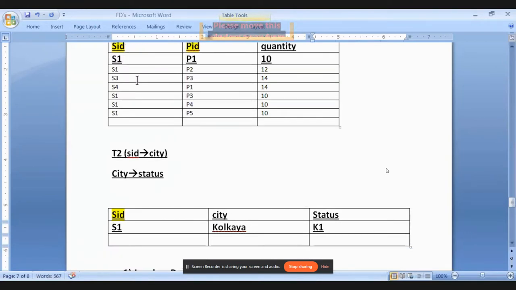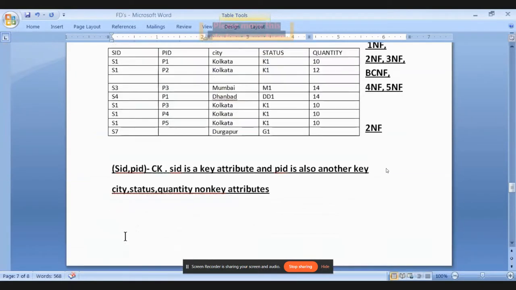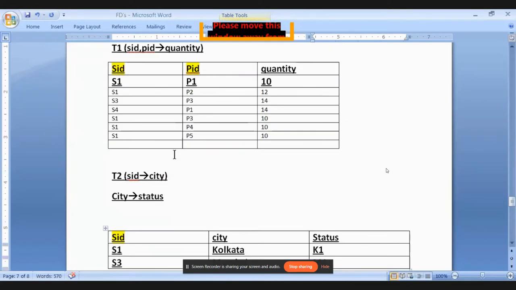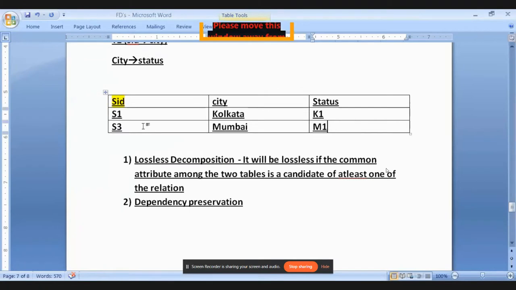And what other suppliers do we have? We have S3 as a supplier. Where does S3 stay? S3 stays in Mumbai, and the status of Mumbai is M1. And what else do we have? S4 as another supplier.